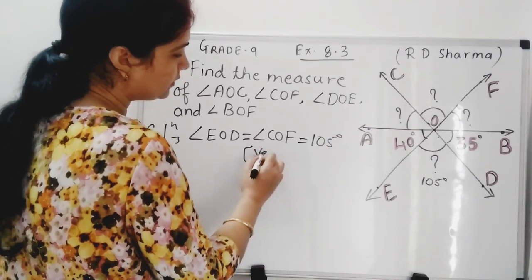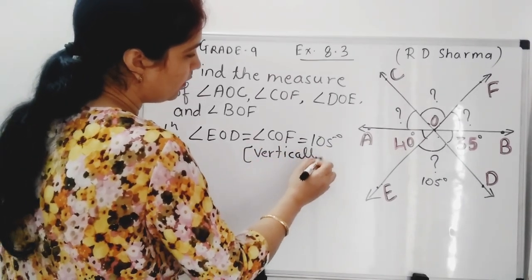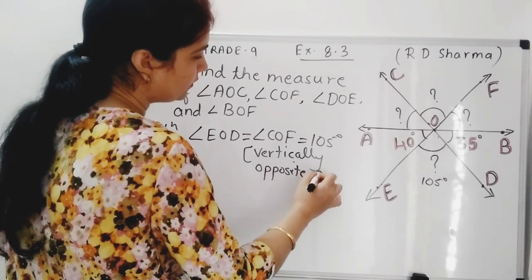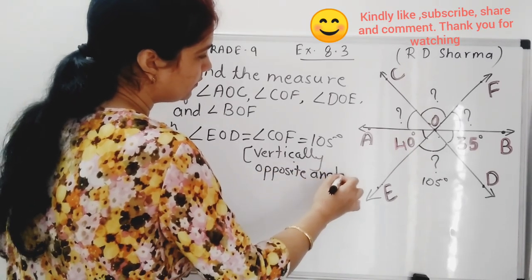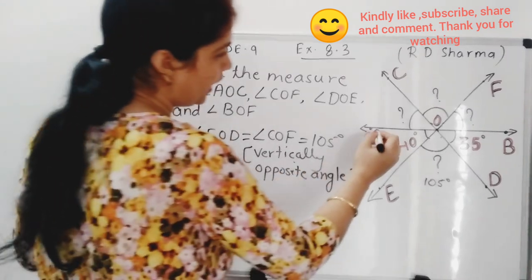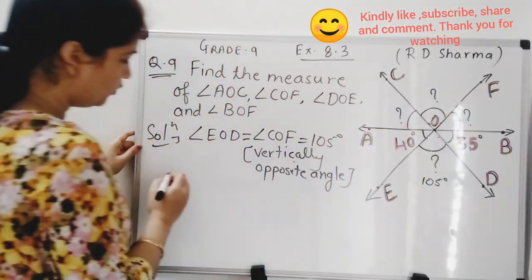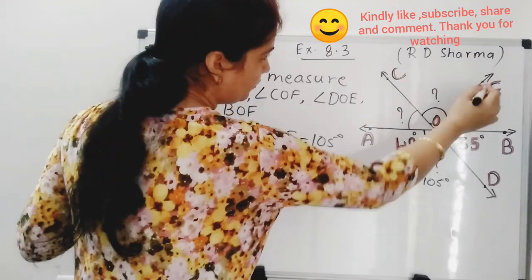Why? Because they are vertically opposite angles. The same way, angle AOE equals angle BOF, you can write BOF or FOB.